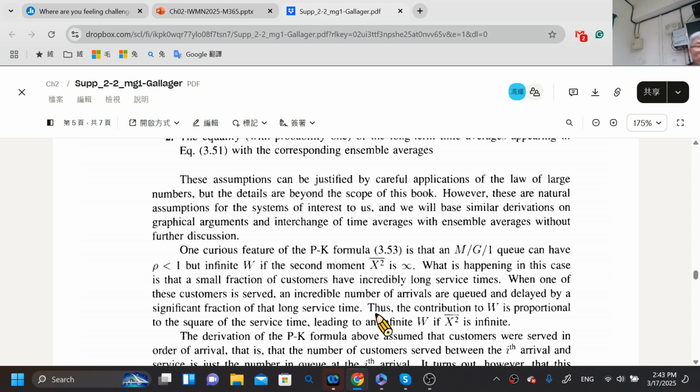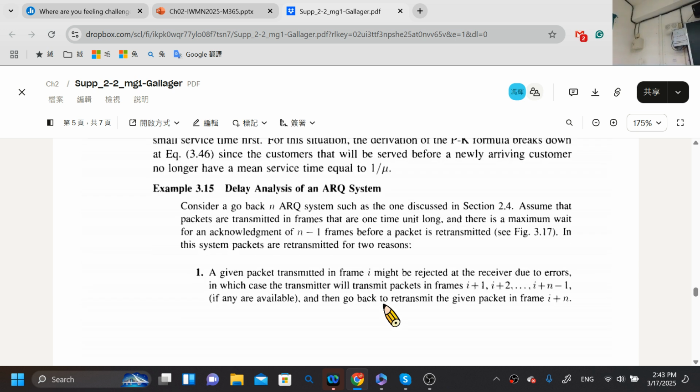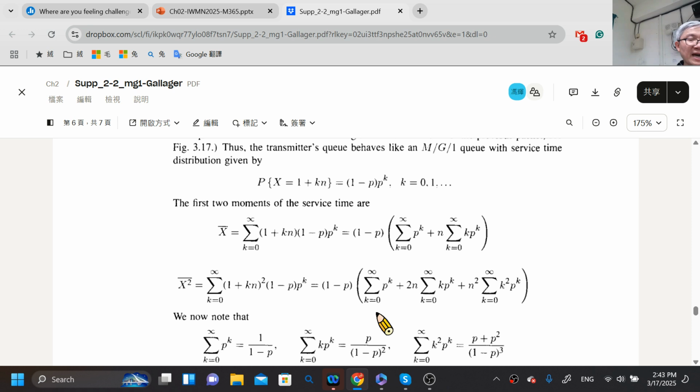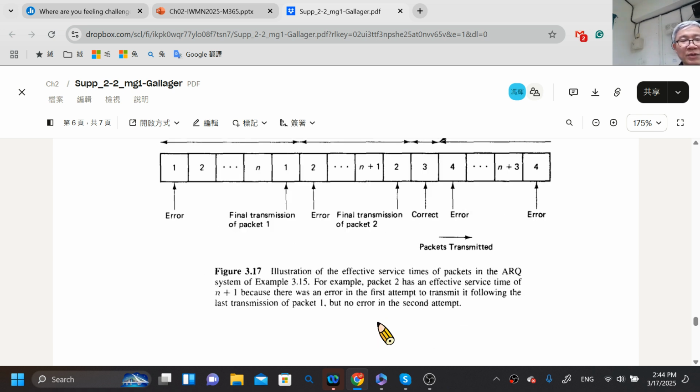And the next one, once we have the result for MG1, so how to apply the analysis, this one. Here we have the details for you. If we have the real ARQ, how to have the delay analysis. Here we illustrate. We need to find the second moment of service time. If we have ARQ, this is a way to find the service time. If we can find it, then we can use MG1 to have the result.